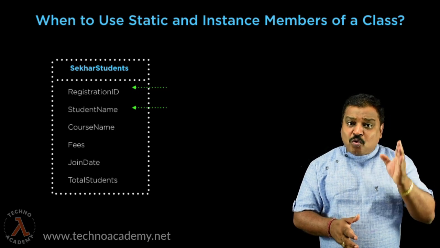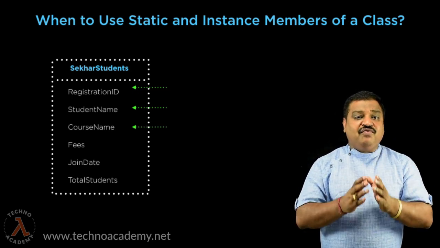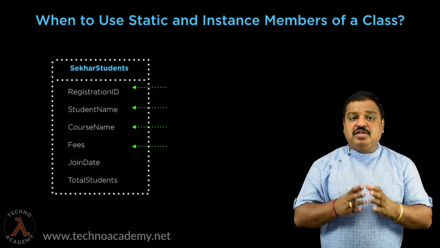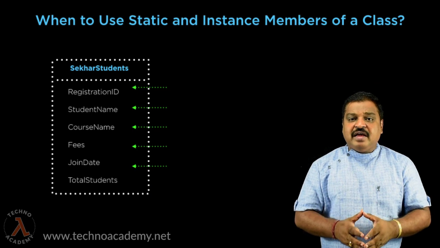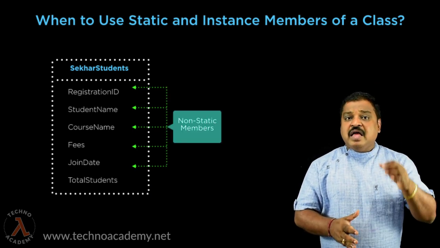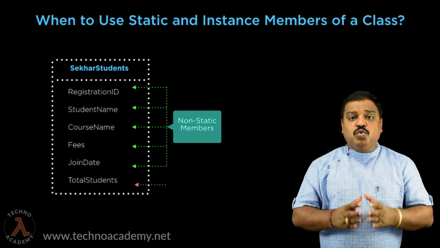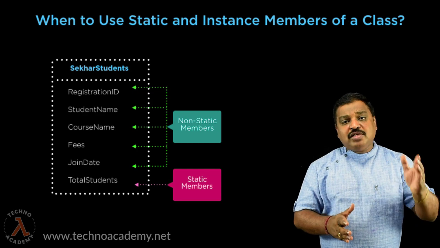So, that course name will also be specific. Based on the course, the fees will also be specific for the student. Every student joins on a different day, and hence join date will also be specific for the student. And when we observe the total students, that value remains common for all the students.